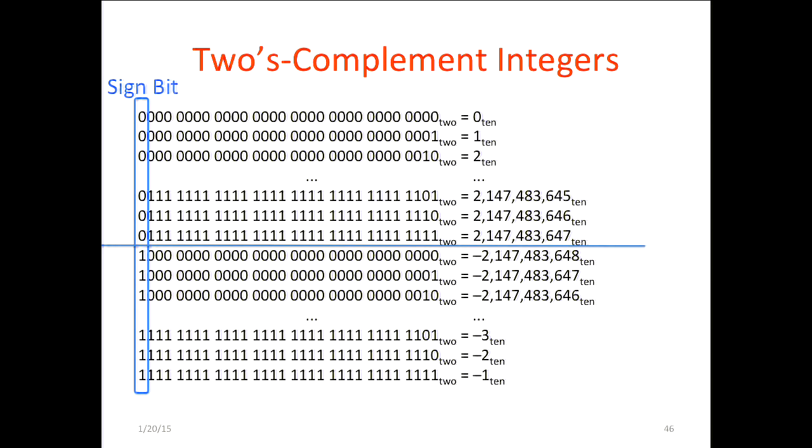And this is what we're going to later refer to as overflow. If you go during some computation from the most positive number all the way down to the most negative number, it will be an overflow. It's like water flowing out of a glass.